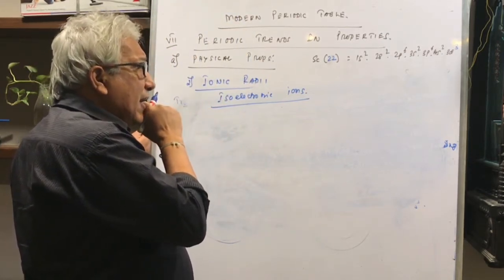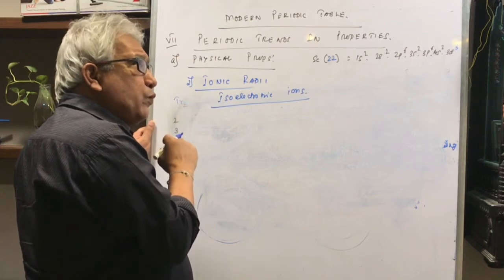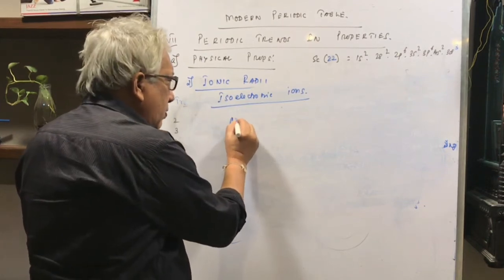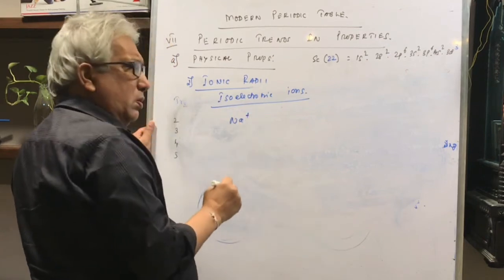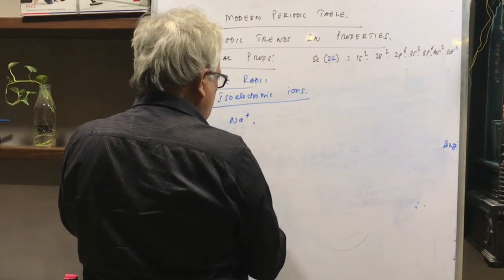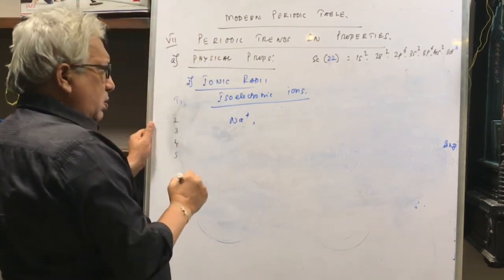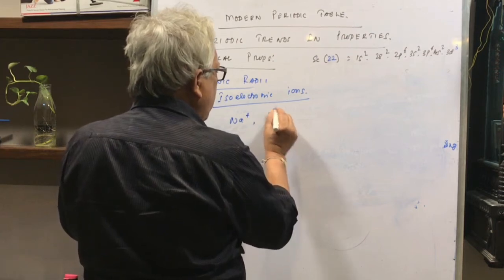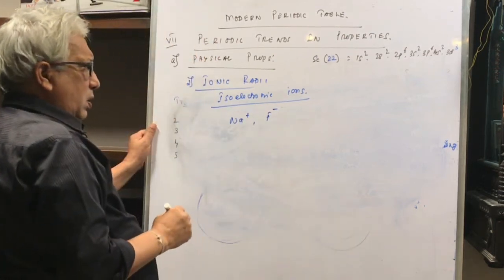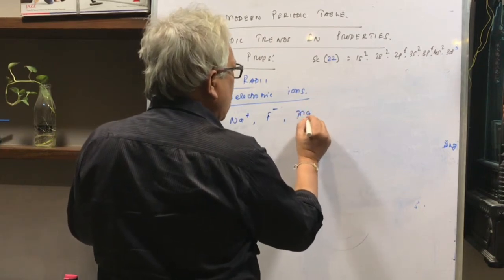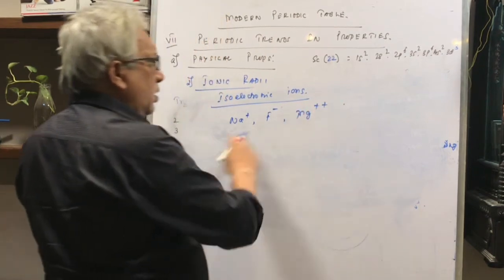let's say, Na+, F-, Mg++ and Al+++. Let me talk about these.